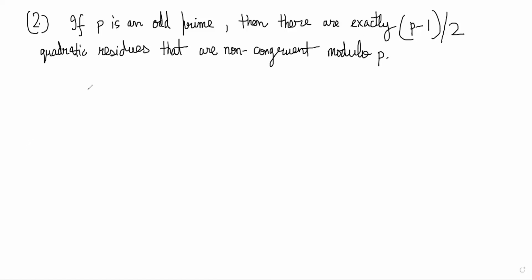Let's look at it with an example. Let's say P is 5. This is an odd prime.